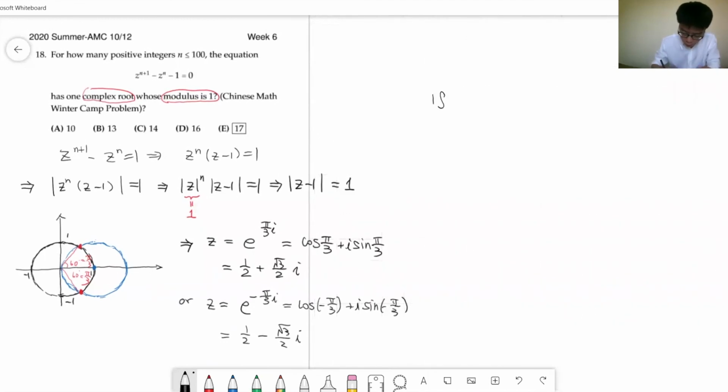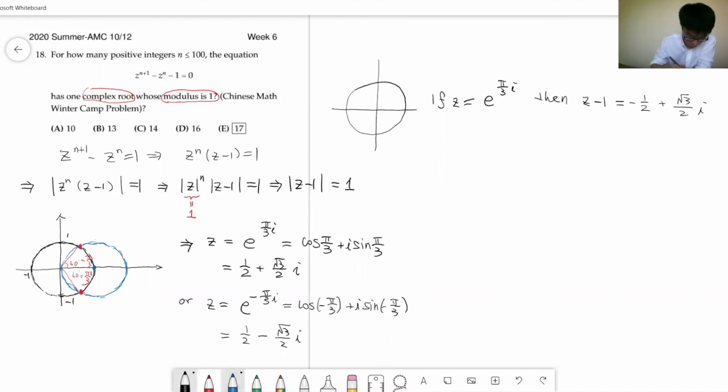If z equals exponential pi over 3 i, let's plug it into the equation. So first, let me express z minus 1. So z minus 1 is minus 1/2 plus root 3 over 2 i.